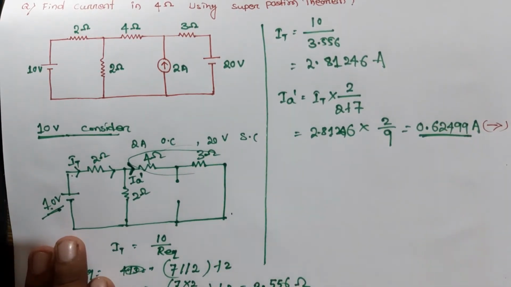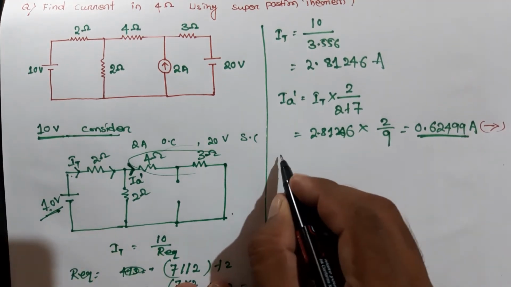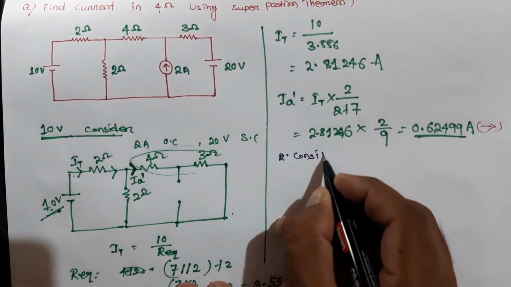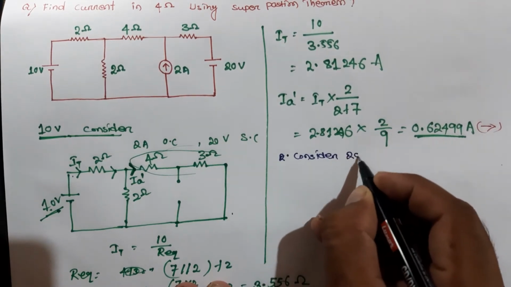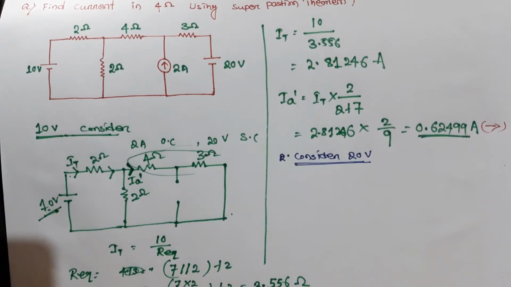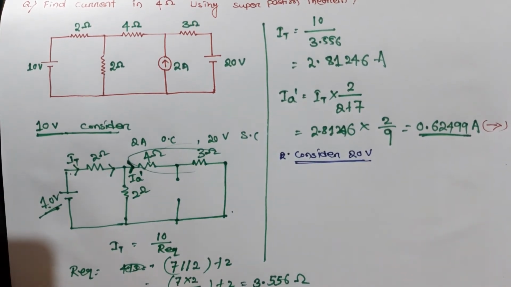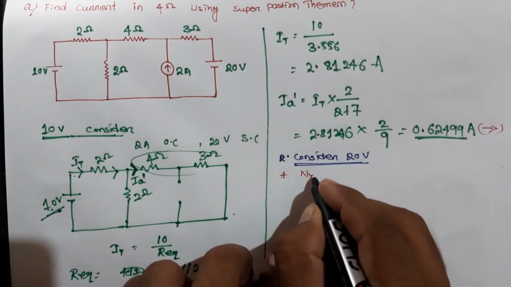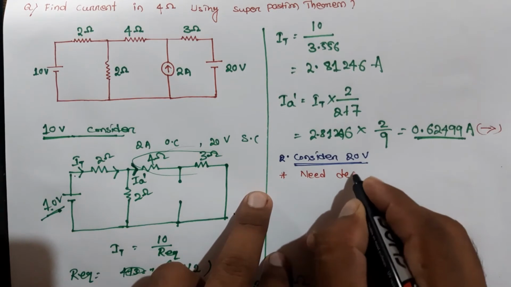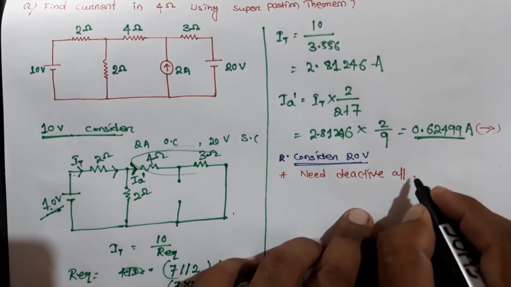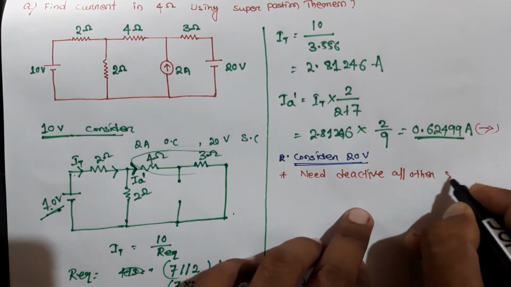Next case, we consider this 20 volt. When we consider this 20 volt, we need to deactivate all other sources.